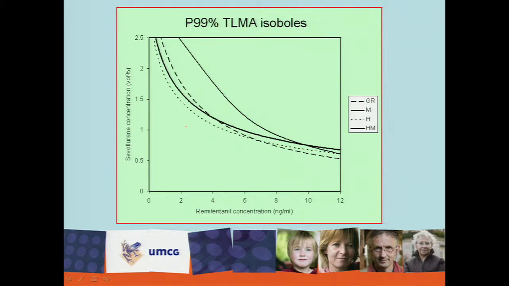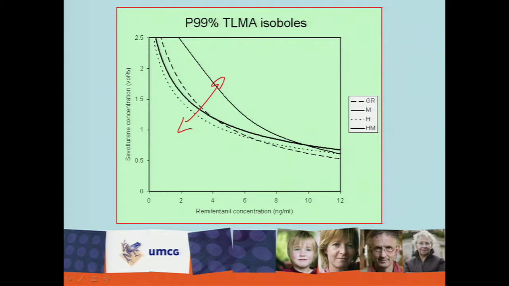Look at what happens at the 99% level, where we want to be as anesthesiologists. You see that it makes a difference clinically. So yes, the selection of the right mathematical basis makes a difference when you want to study the interactions, and certainly when you want to apply these models in a drug interaction display such as the ones that you can see here at the booth.